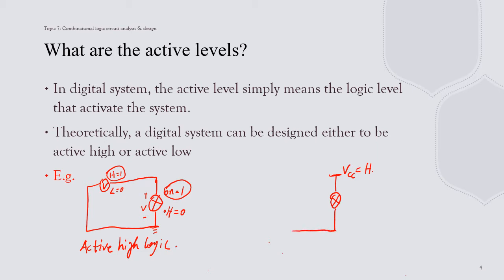Then we connect the lower end of the lamp to our voltage source. Now, in order to turn on this lamp, we actually need to input a logic low voltage, logic zero, so we have a voltage difference. So this will be on. In this case, a logic low turns on the lamp and makes it work. So we call this active low logic.